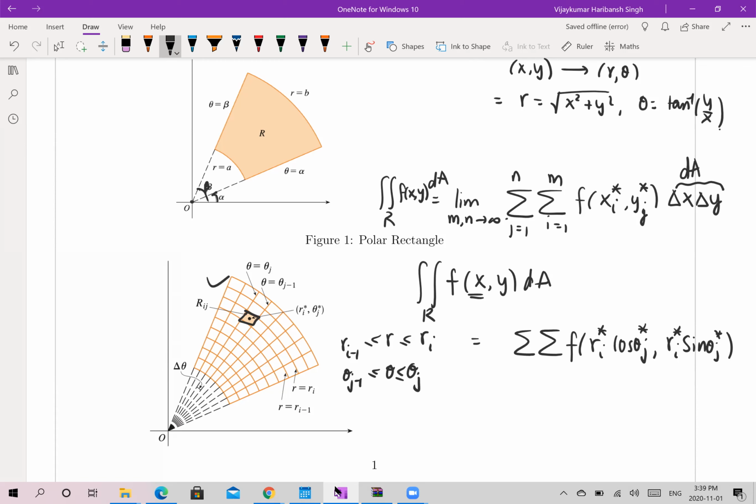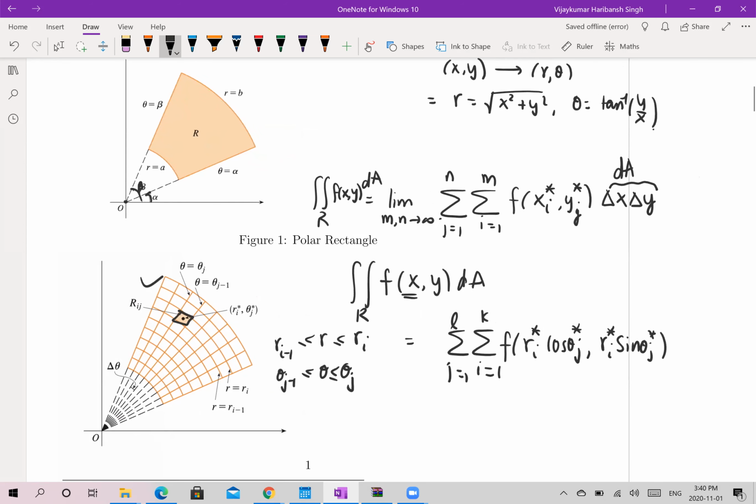The summation is over the different i and j, going from 1 to k and 1 to L, depending on how many subdivisions you did of your polar rectangular region. And then you still have dA.